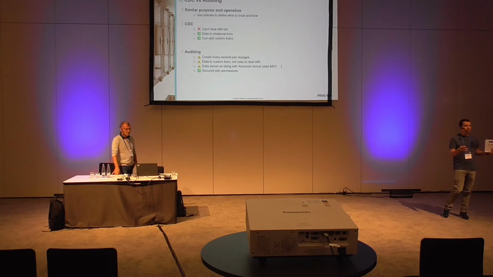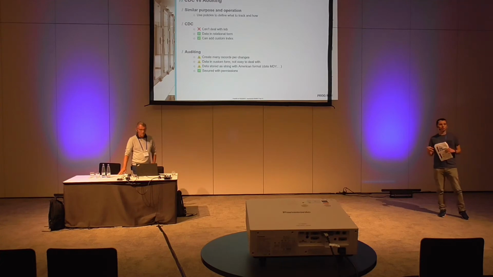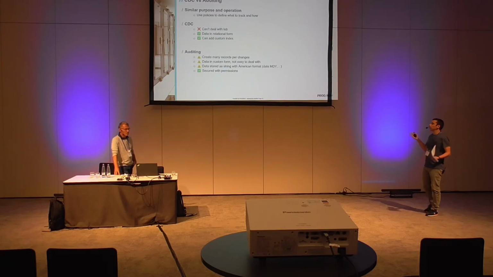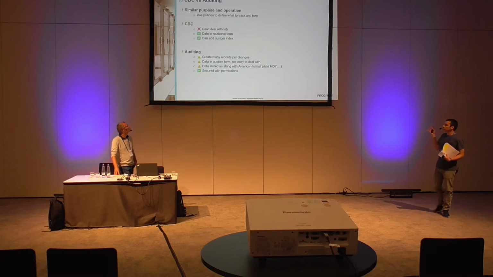So if you track a customer table, for example, the tracking tables of CDC will be similar to the original customer table. So it's very easy to query those values, and it allows us to create custom indexes if we need to. So CDC is quite a good option for us.